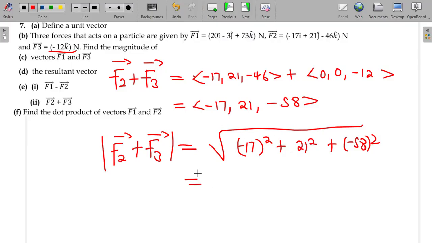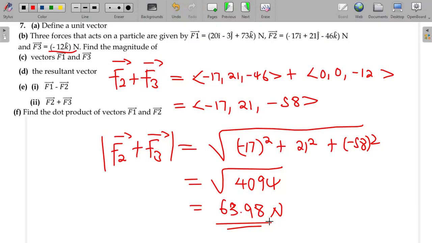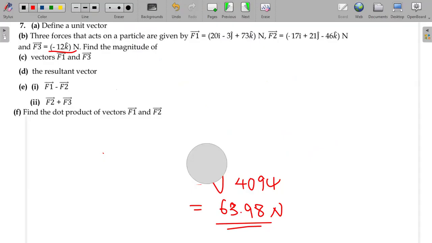So that gives me 4094. And then I just take the square root of this number. My final answer will be 63.98 newtons to 2 decimal places. Okay, so that's my magnitude there. And then this is my vector, F2 plus F3.